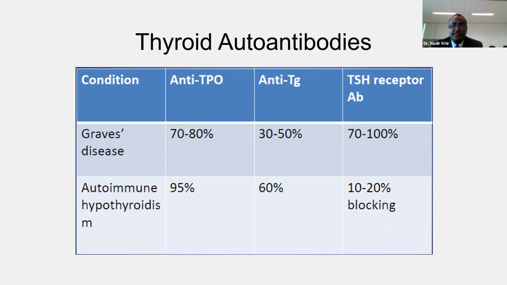Sometimes we check anti-TPO and anti-thyroglobulin, and those vary, depending on availability of the test. I usually go for TSH receptor antibody. If the lab doesn't have that, second in line will be anti-TPO for Graves' disease. But for Hashimoto's, I always go for anti-TPO. Anti-TPO stands for thyroid peroxidase antibody. That's the enzyme that helps in organification. So if that is damaged because of the antibodies, then you cannot make thyroid hormones and you will develop hypothyroidism.